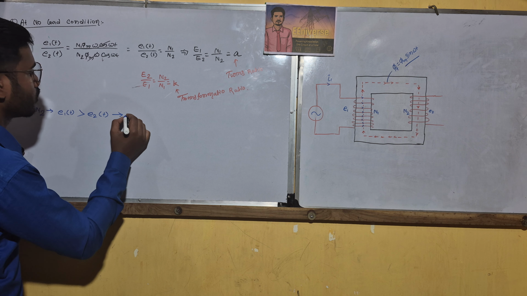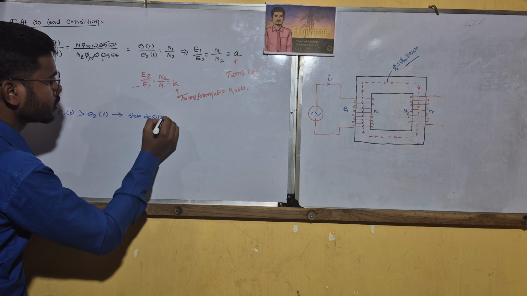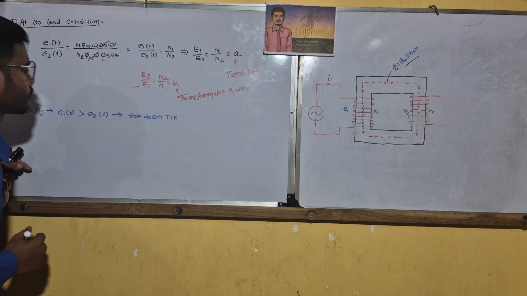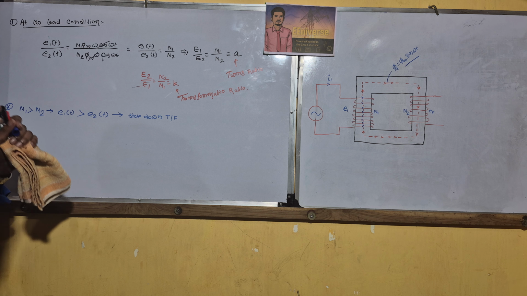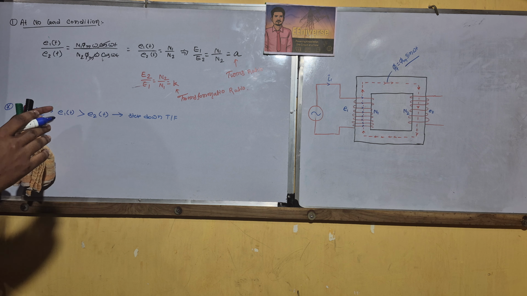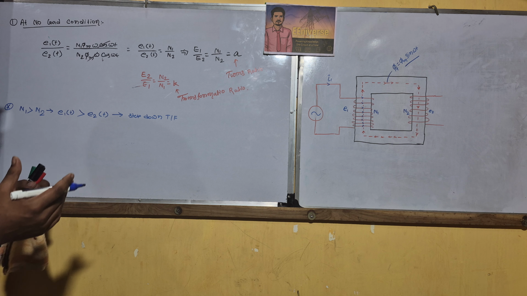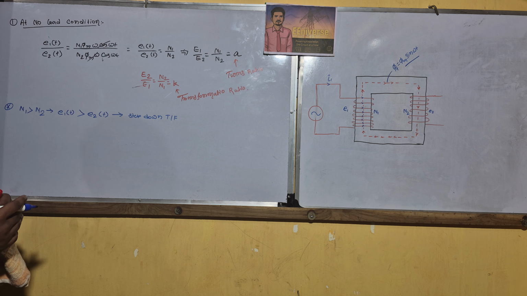So that is called a step down transformer. When the primary side turns are more than the secondary side, then the primary side induced EMF is larger than the secondary side. In that case, we call this a step down transformer.